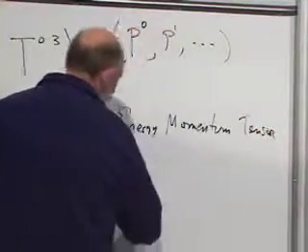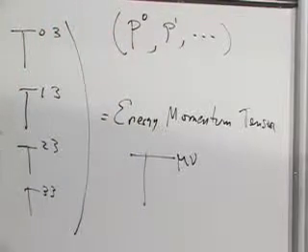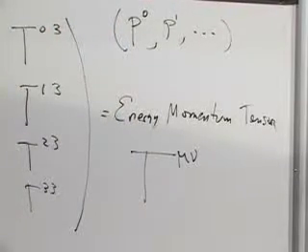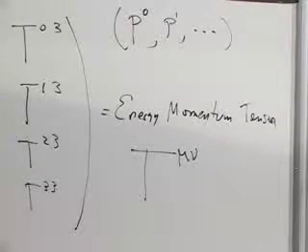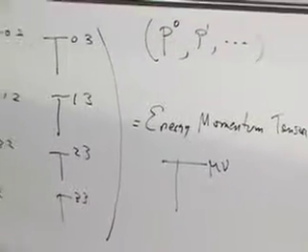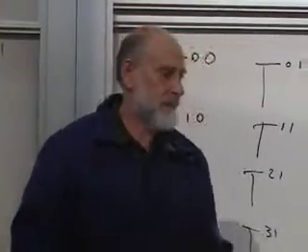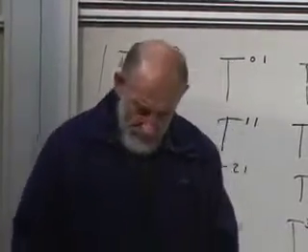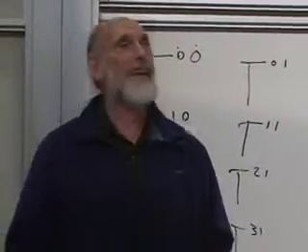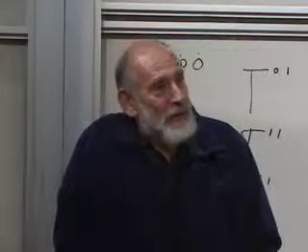And we can write it in the condensed notation T mu nu. Isn't it obvious that it's a tensor because it's a physical thing? Yeah, I would say the right way to say it is it better be a tensor or else it's not a physical thing.